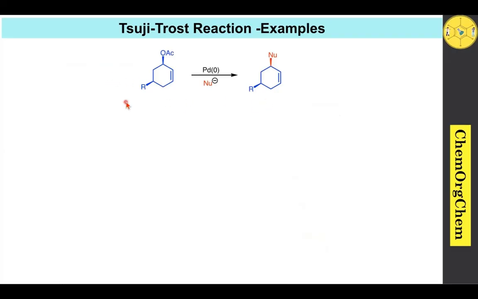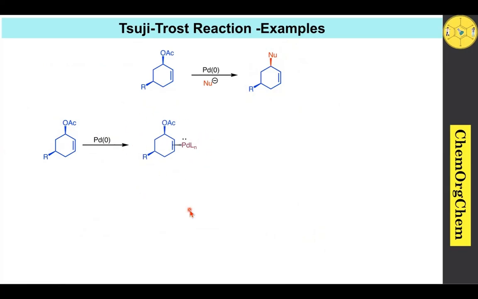This example involves stereochemistry. So why does this particular stereochemistry take place? Let's see. When we use palladium 0 catalysis, you can see that the top face is sterically crowded with R as well as the acetate leaving group. Therefore, our palladium 0 should interact with the alkene from the bottom face, generating the corresponding palladium pi complex.